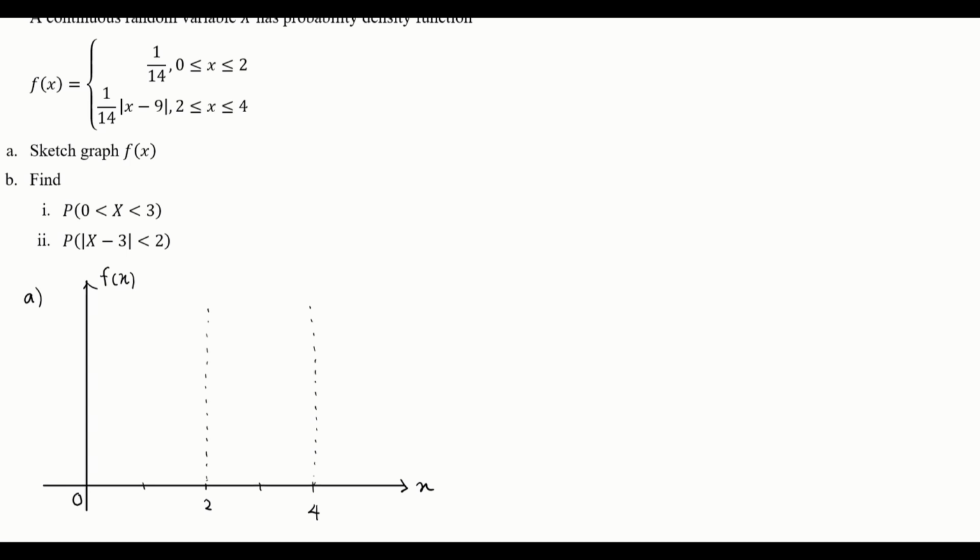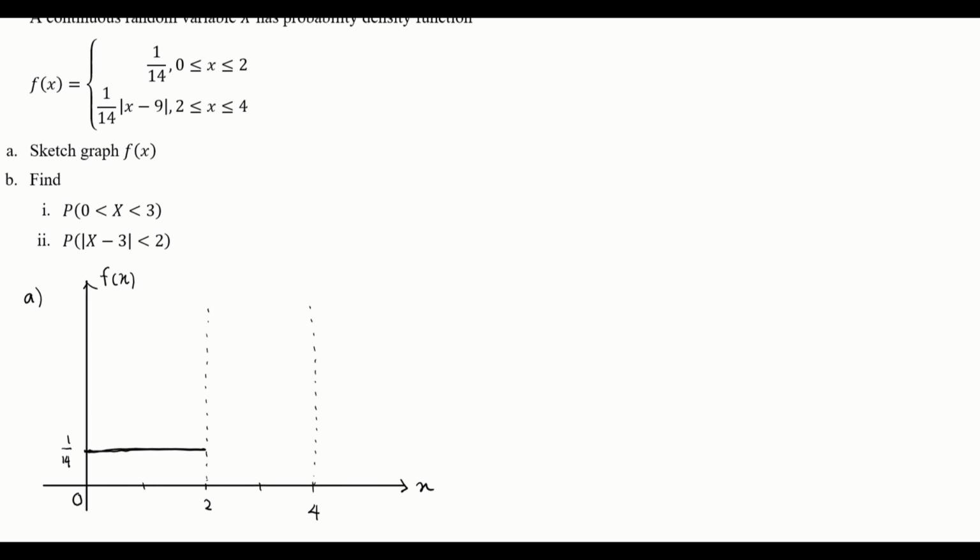For x between 0 and 2, the function is 1 over 14. So let's say this is 1 over 14 here. That's just a constant, and a constant is just a horizontal line. So we have a graph like this, for the interval between 0 and 2.